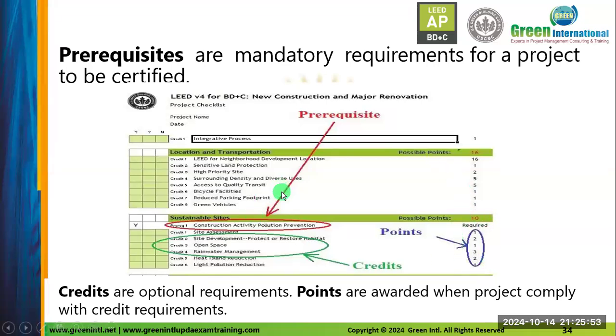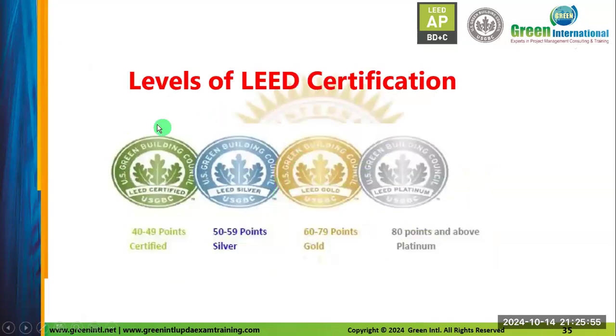This is what the levels of LEED certification are, from certified up to platinum, and these are the points. You need to remember these points also. The LEED certified level is 40 to 49, so if you achieve 39, you are not eligible.